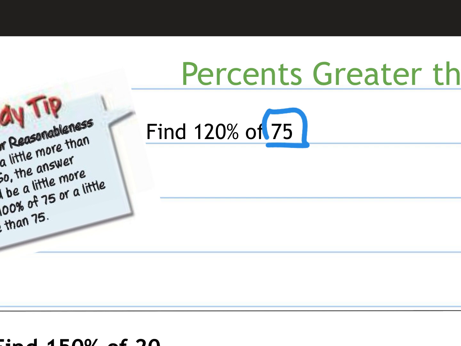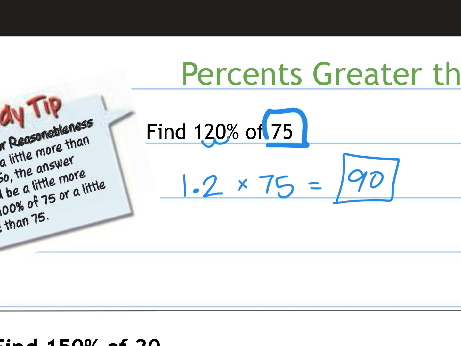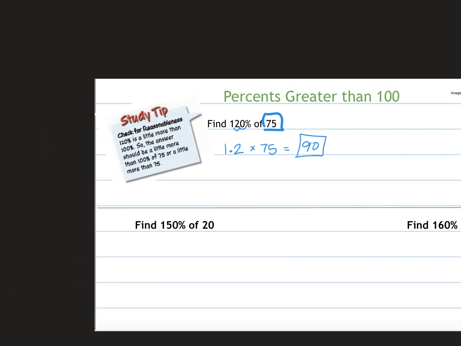I'm going to turn this into a decimal by moving 2 spots to the left. 1.2. "Of" means we're going to multiply by 75. And I end up with an answer of 90. So it's like if I got 120% on a test, I actually got 90 points out of the 75. It should be more than what you started with.